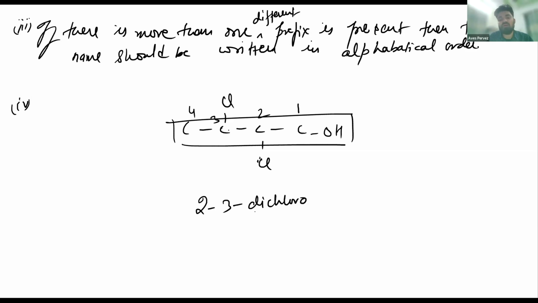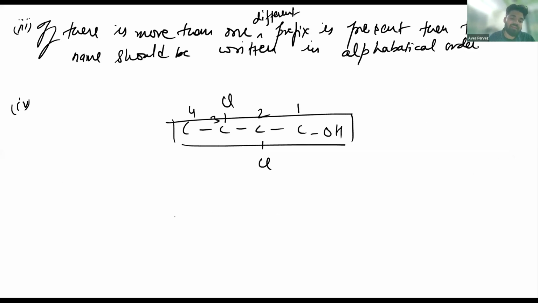So we cannot write 2-chloro and 3-chloro. No, we will not write like this. We will write 2,3-dichloro, which means at 2 position and 3 position there is dichloro. If we have one more chloro at 4, we write trichloro. So we use di, tri, tetra before their names.